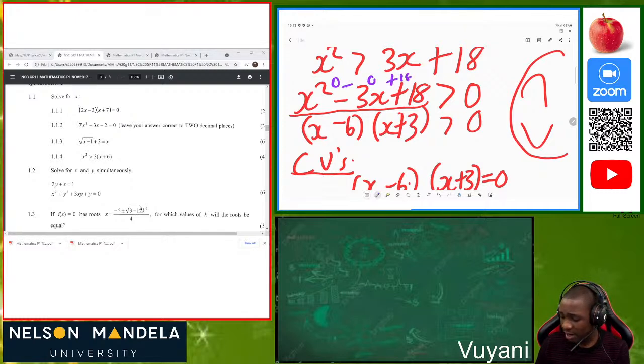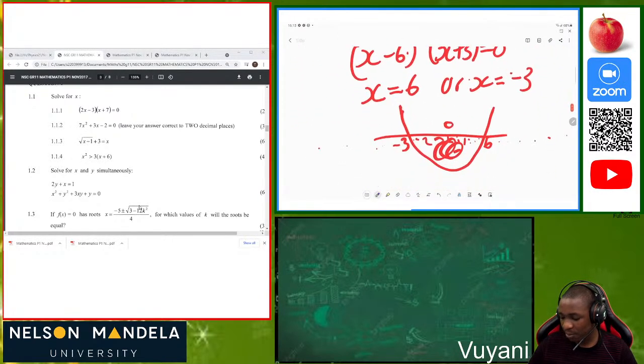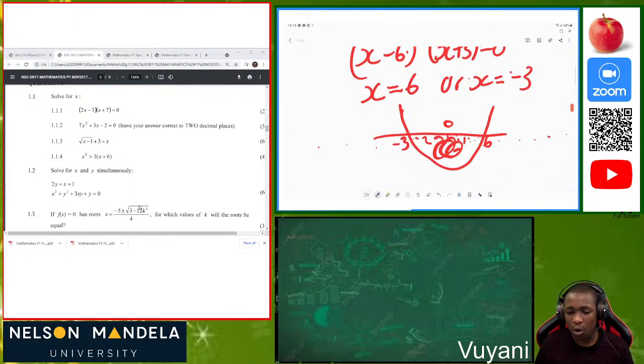Then we finally end up having +18, and +18 is not greater than 0. So that's a lie. We cannot find the solution of this inequality in here, because if we place a 0 there, we are getting a wrong answer.